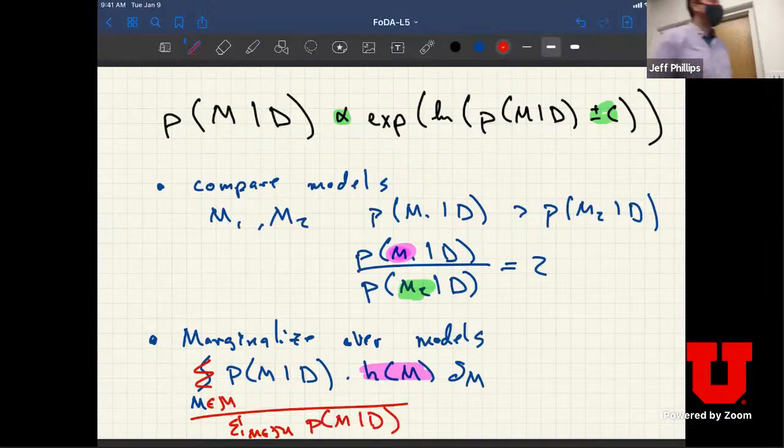I can have a set of models I'm going to consider. Let's say the mean height of the model, I'm going to pick 100 possible heights, every 1/10 of an inch for a range of 10 inches.